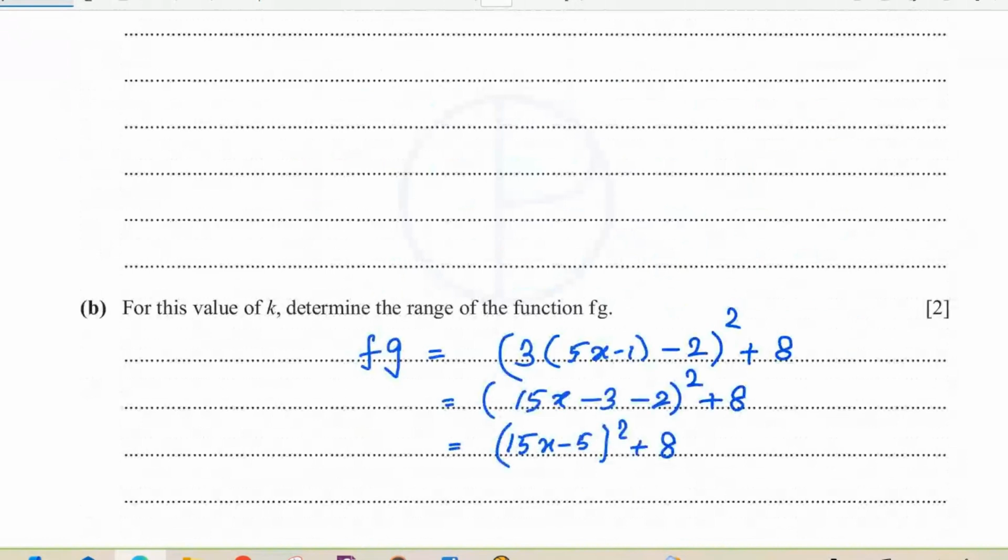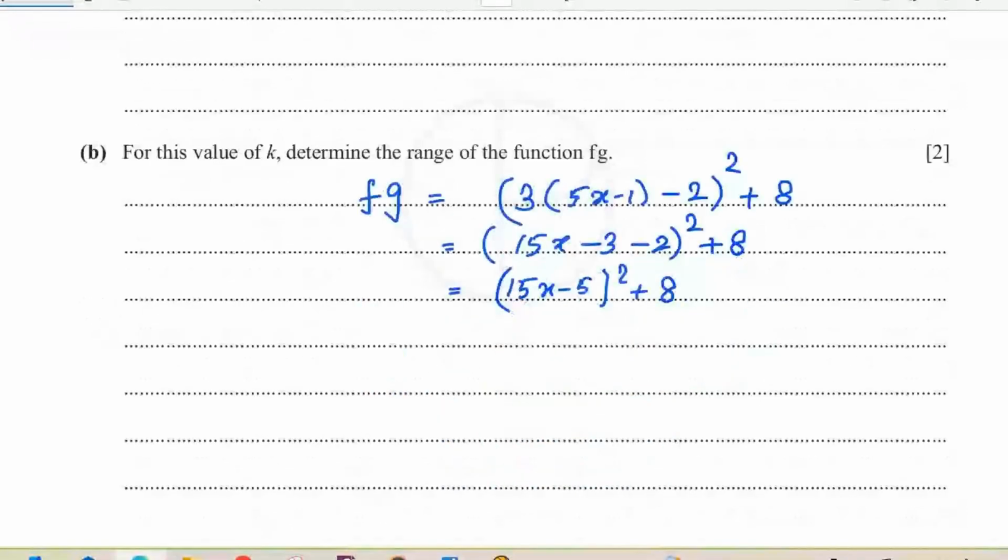Now this is a quadratic in completing the square format, and it's given x is a real number, so the range will be 8 for this. But we have to determine whether it is greater than or equal to or less than or equal to.